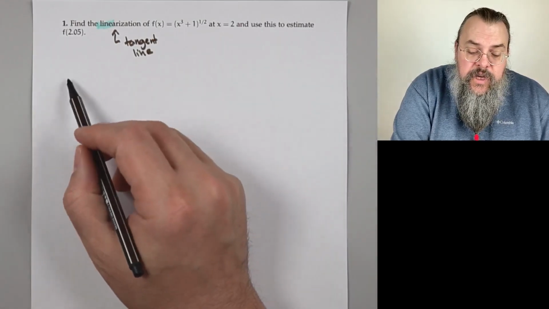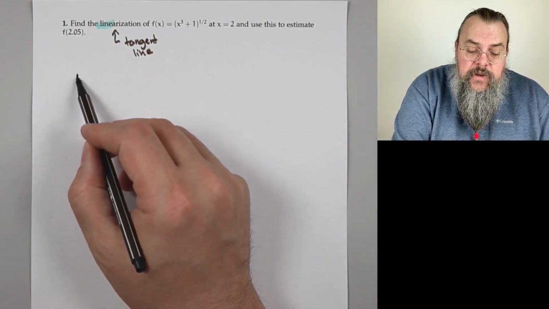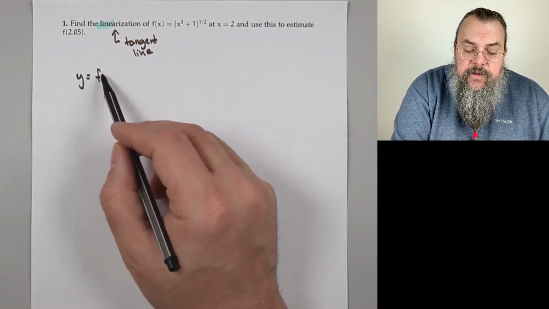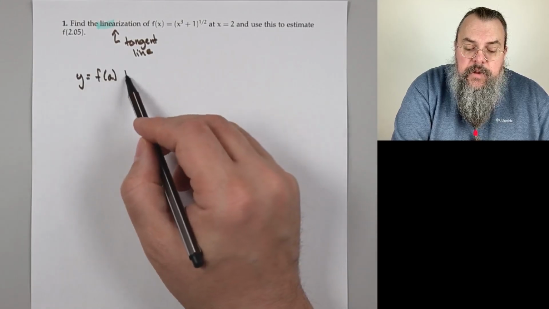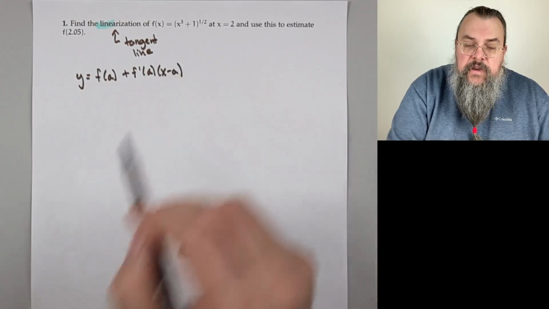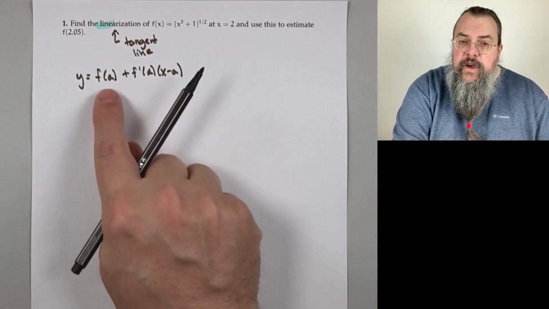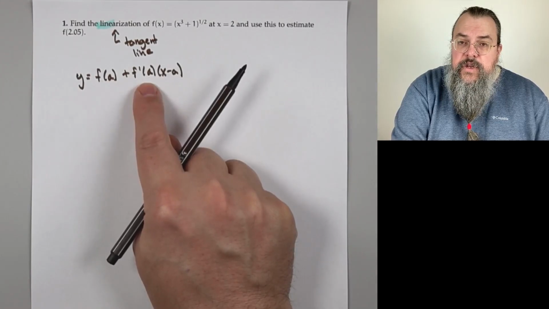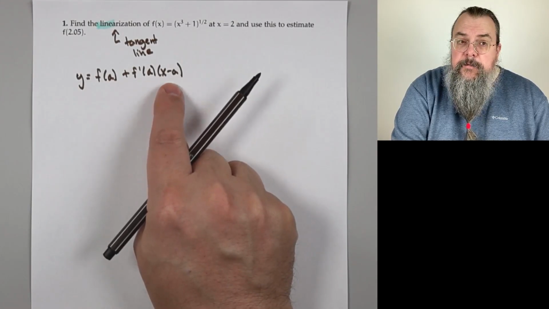Now, what's the tangent line? Well, for a function, it would be f at a plus f prime at a times x minus a. So this is one way to write it, but it's the value of the function at your point plus the derivative at that point times x minus a.